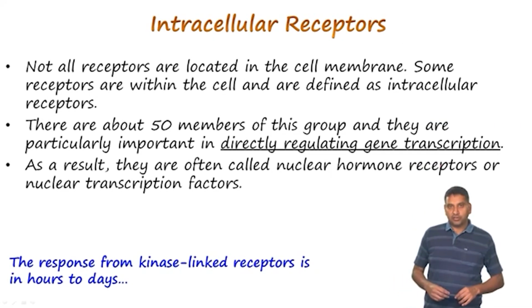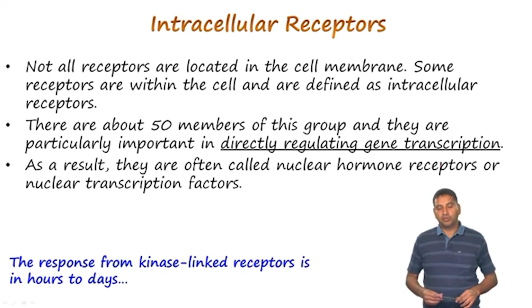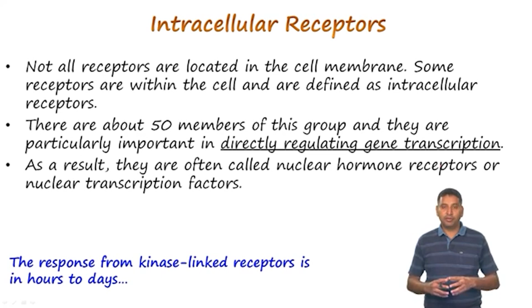There are other classes of receptors, which I mentioned earlier, which are known as intracellular receptors. These are about a 50-member family, and they are very important in directly regulating gene transcription.